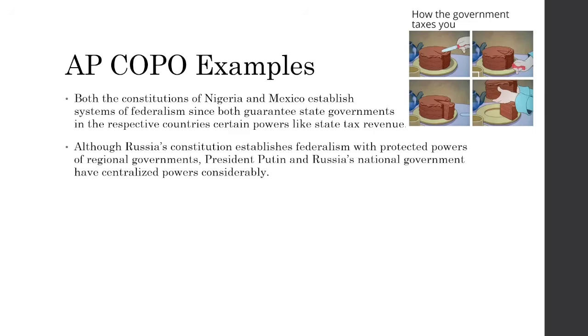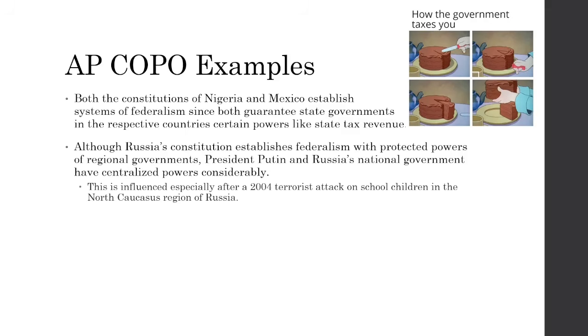Now, although Russia's constitution establishes federalism with protected powers of regional government, so they have some protected powers created by the constitution, President Putin and Russia's federal government have centralized powers considerably. So they have kind of stripped away some of these powers and centralized them, so they're more uniform across the country. And this was really influenced in 2004 after a terrorist attack on school children in the North Caucasus region of Russia.